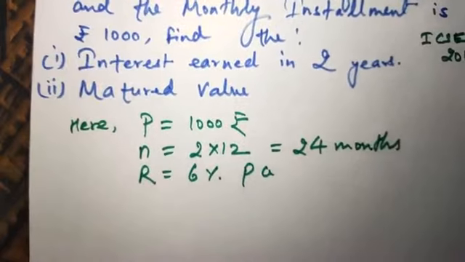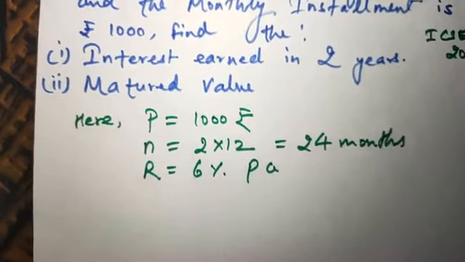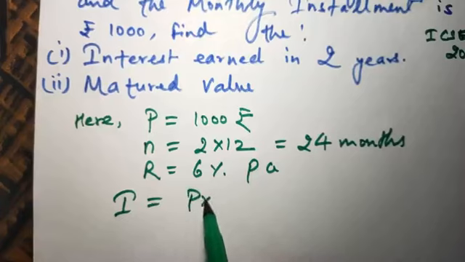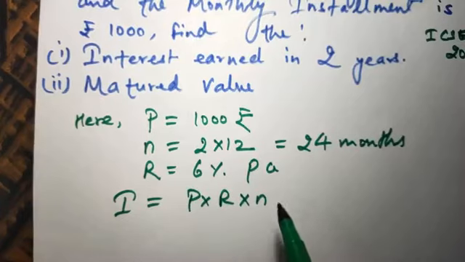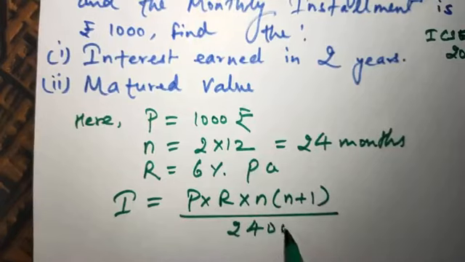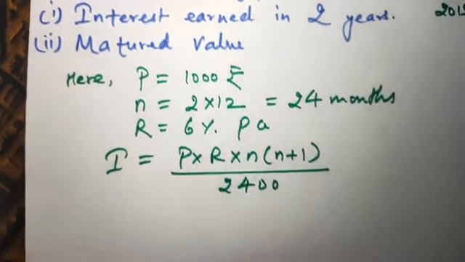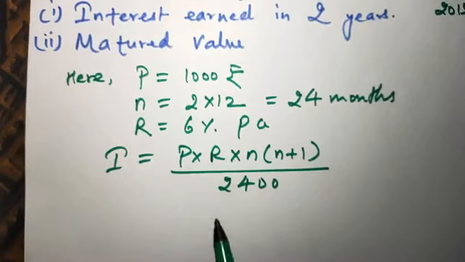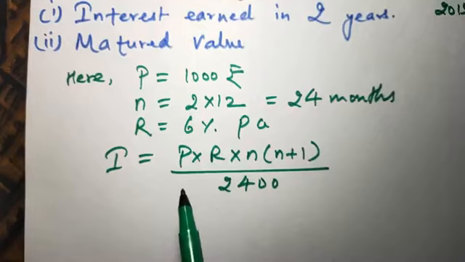So to calculate the interest, we have a formula. I already told this formula, P into R into N plus 1 upon 2400, right? To get command on this topic, you have to memorize this formula, right?